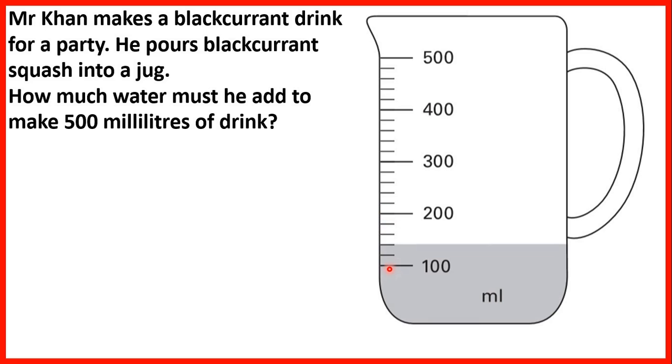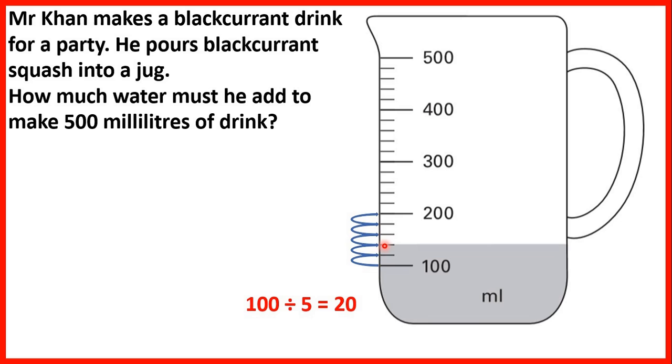To find how much he has, we need to work out what these little lines on our scale represent. So to get from 100 to 200, we have 1, 2, 3, 4, 5 lines. Now the difference between 100 and 200 is 100, so if we divide that by the number of jumps, we get the value of each line, and 100 divided by 5 is 20.